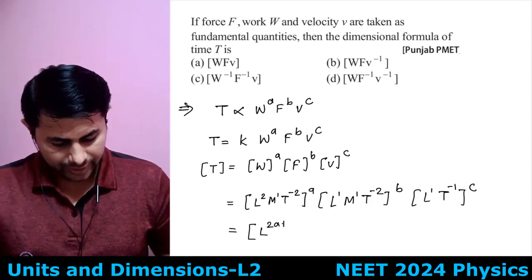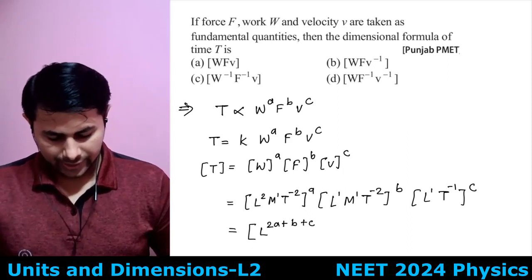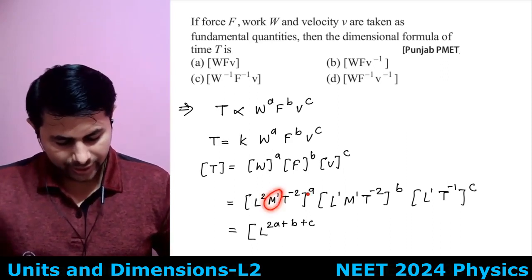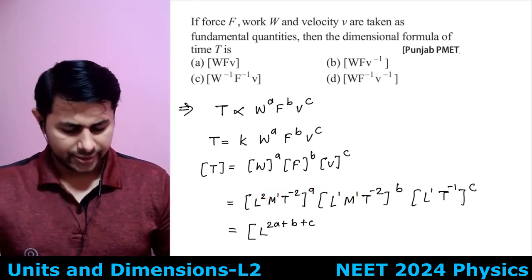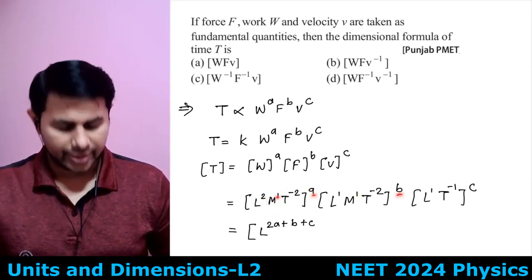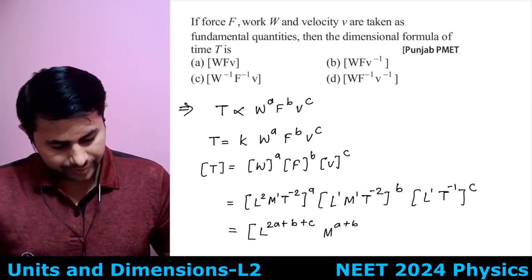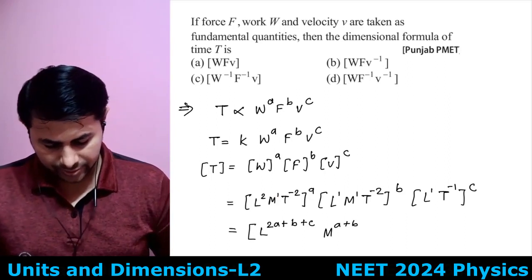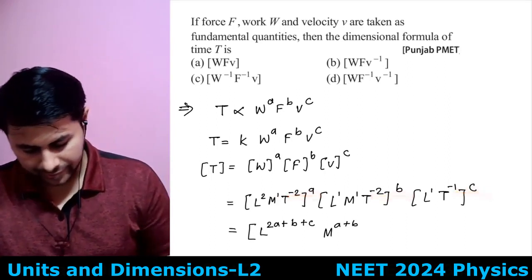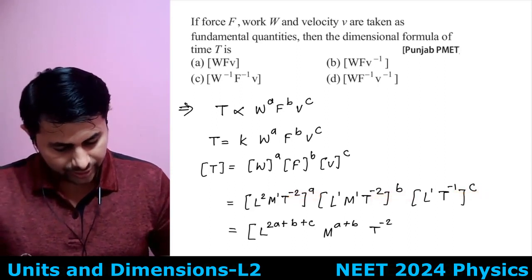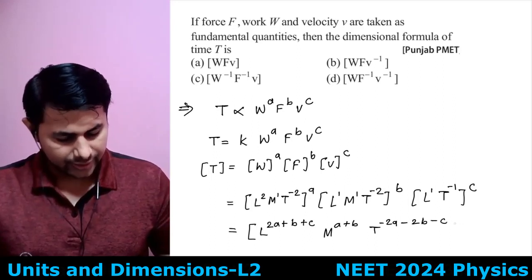Then I have M raised to 1A, 1B, so M raised to A plus B. And then T raised to minus 2A minus 2B minus C.